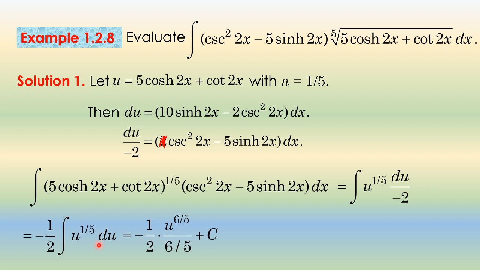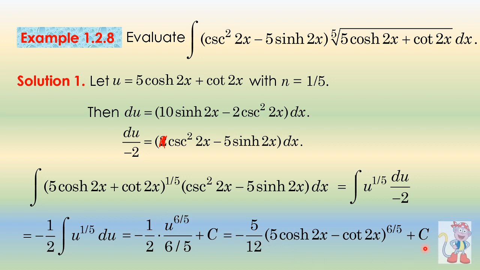So the integral is u to the n plus 1, so 6 over 5, times negative 1/2, plus c. So 2 times 6 over 5 means 5 over 12, so negative 5 over 12, and u is 5 hyperbolic cosine 2x plus cotangent 2x quantity to the n plus 1, 6 over 5, plus c. So that's the final answer.